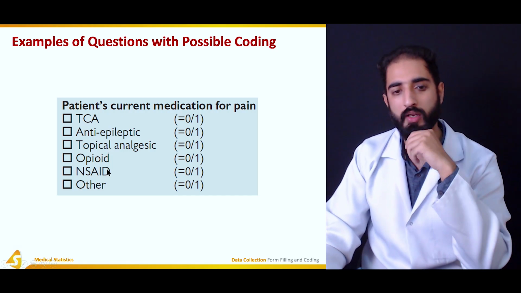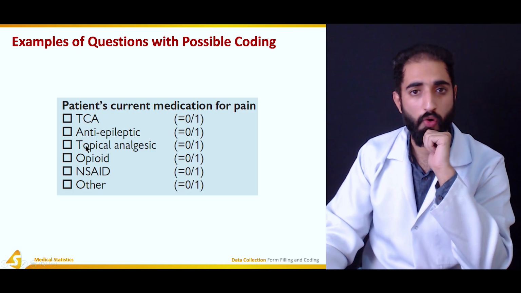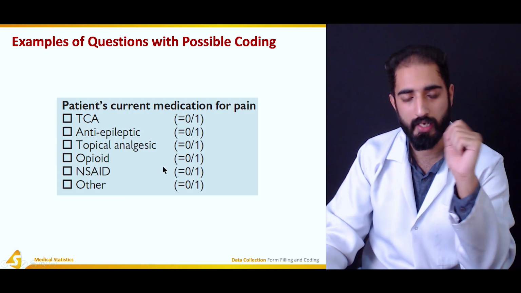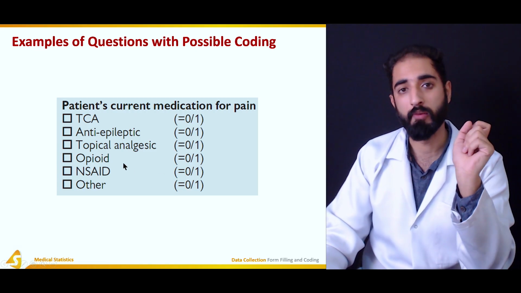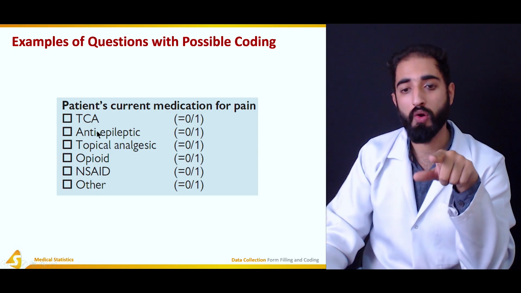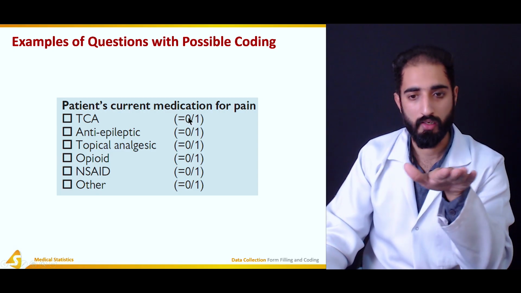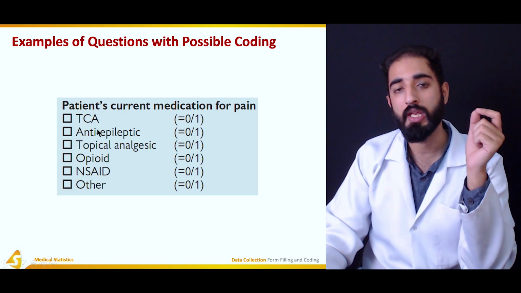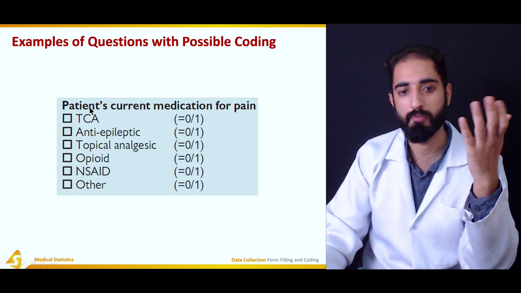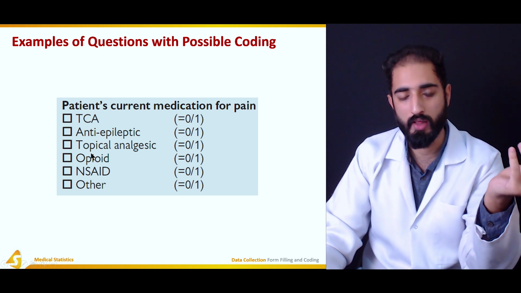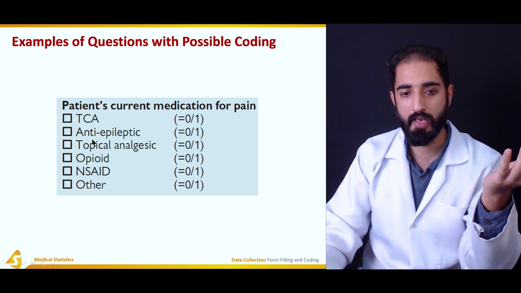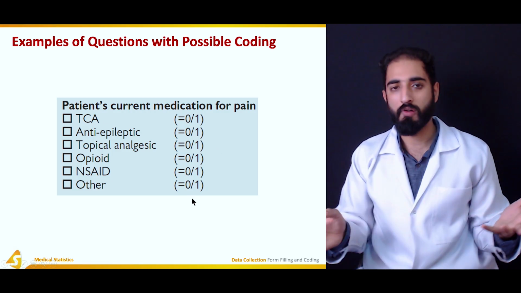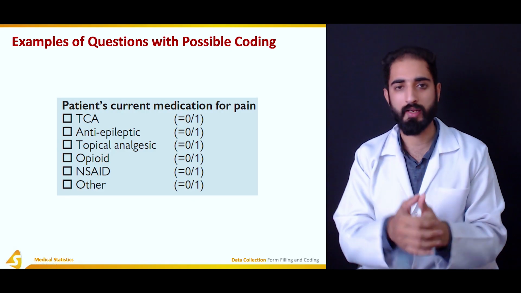For that individual, I cannot select more than one option if I only add a code like 1, 2, 3, 4, 5, 6. But here I have the liberty to do that because I have 0 and 1, where 0 means no and 1 means yes, for every option. So I can select more than one option, such as analgesic and opioid as 1, 1 and the others as 0, 0, 0. So this is all about coding and how we can analyze the data.